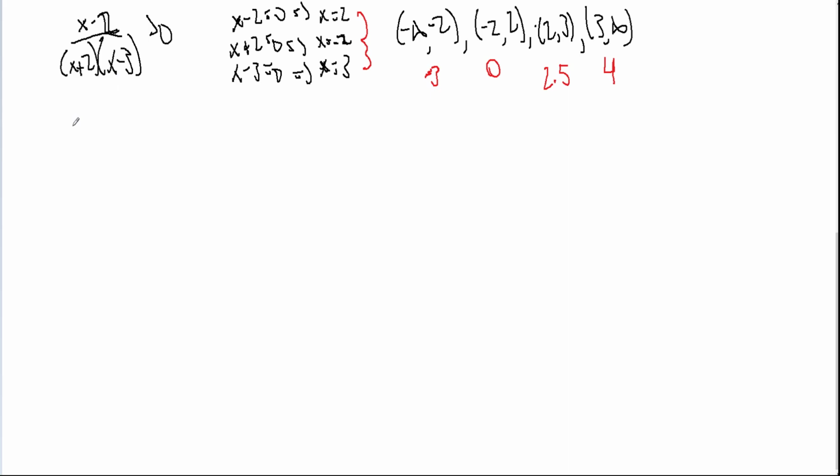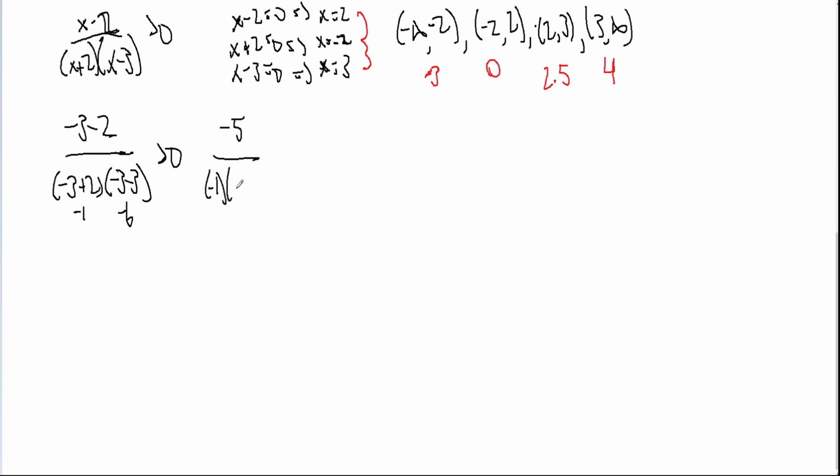So if we start with negative 3, we have negative 3 minus 2 divided by (negative 3 plus 2) times (negative 3 minus 3). So in our numerator we have negative 5, and then in our denominator this is negative 1, and this is negative 6. So we have negative 1 times negative 6.